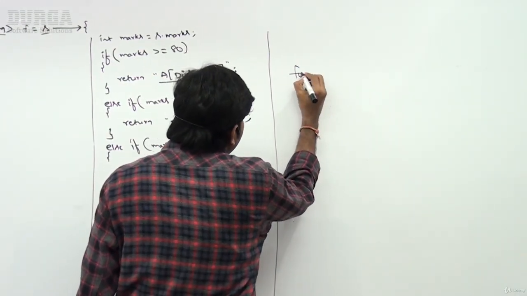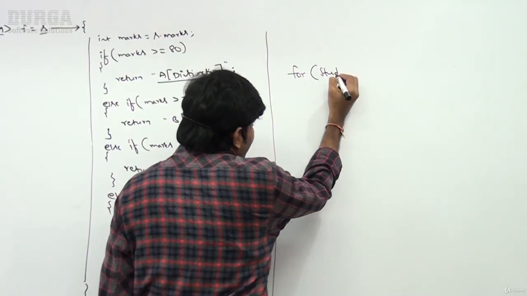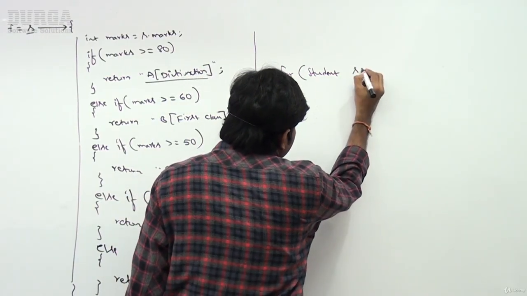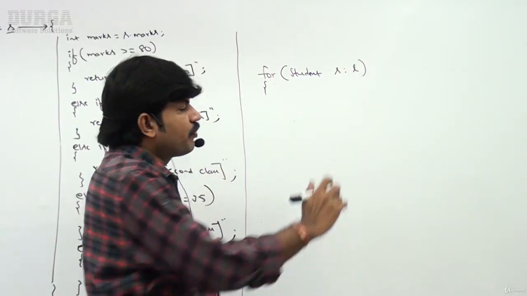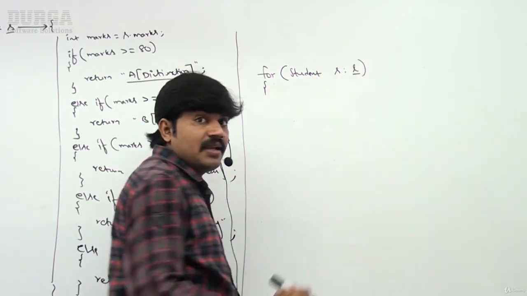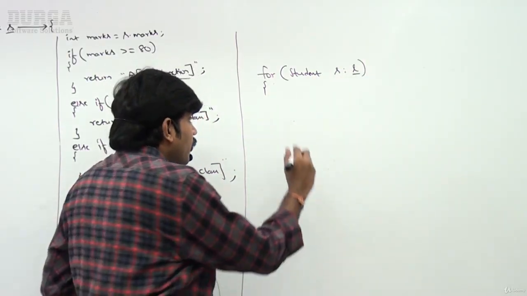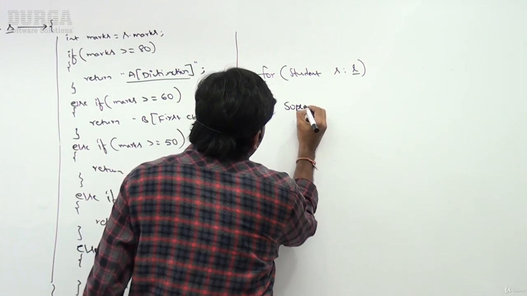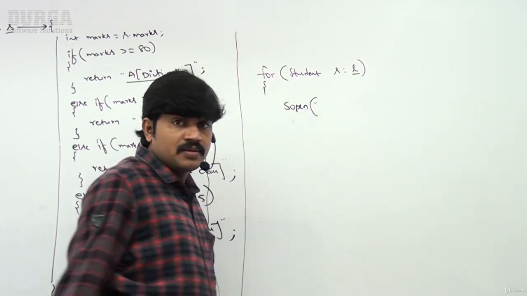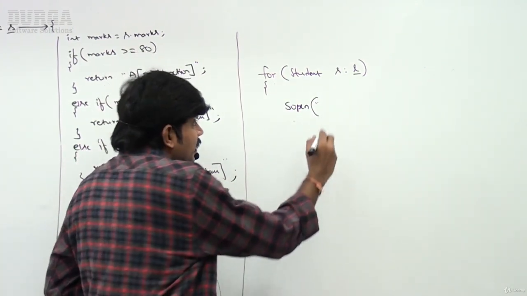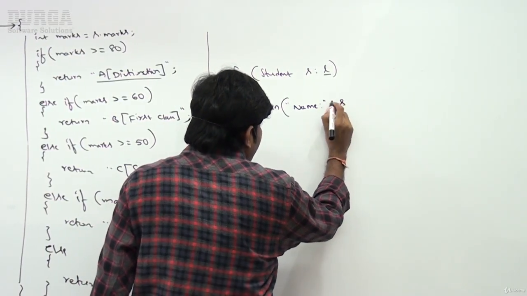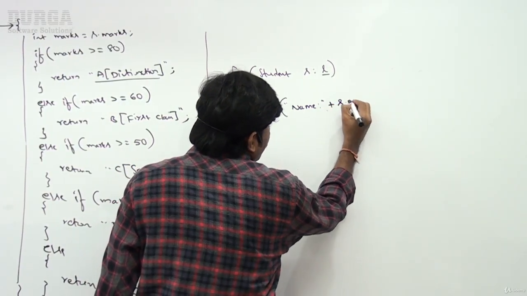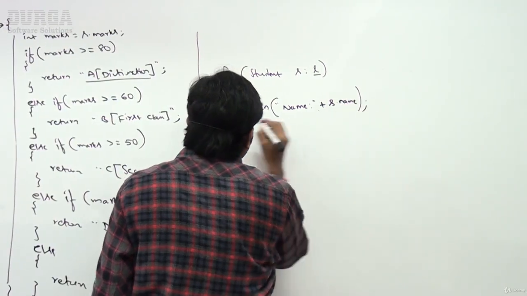Now very simple: for each student S in L, for every student present in this array list, System.out.println the name of the student, S dot name.